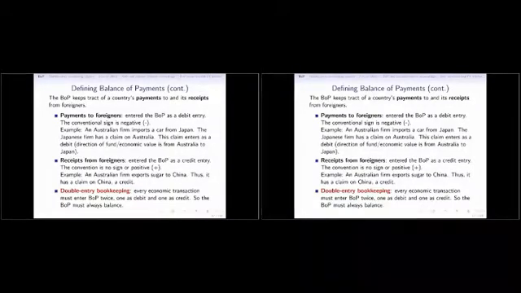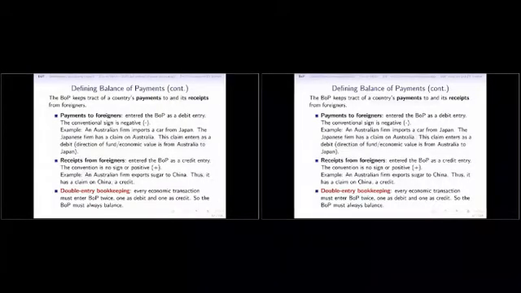Because every transaction will produce two numbers, one positive, one negative. If you add them up, you have a zero sum, right? So technically, if you add up all the numbers in the balance of payments, you should have zero. But in reality, it's not like that, okay? Because in reality, the numbers appear in the balance of payments for a country in a different way, right?